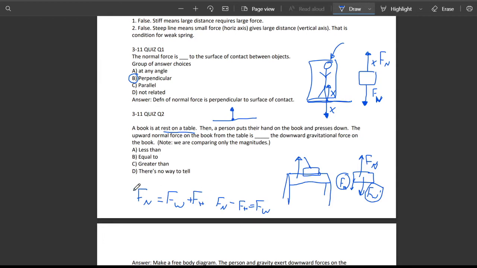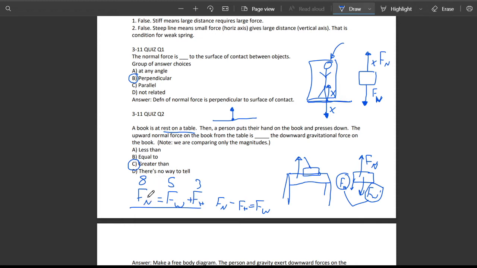If we were to plug in numbers, this could be 8, this could be 5, and this could be 3. Compared to the downward gravitational force, the normal force is greater than the gravitational force, because the weight force plus the force of your hand on it are equal to the normal force, meaning that neither of these two components separately is greater than the normal force, and only when combined do they equal the normal force.